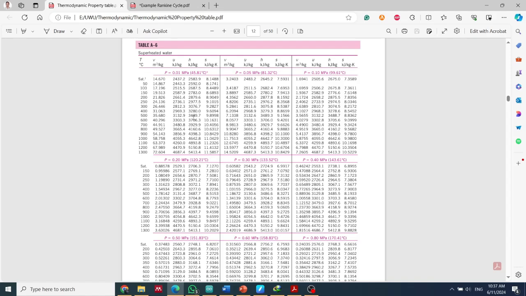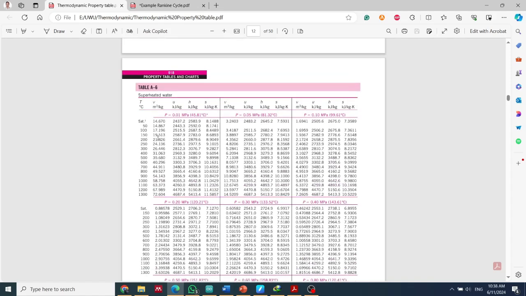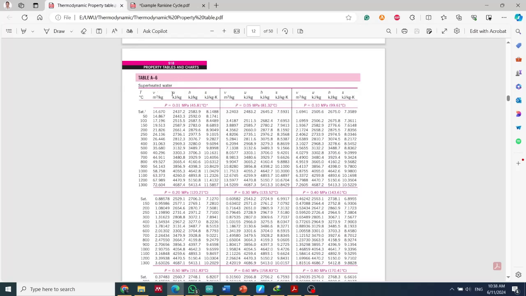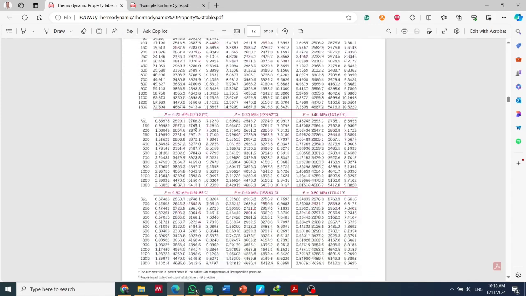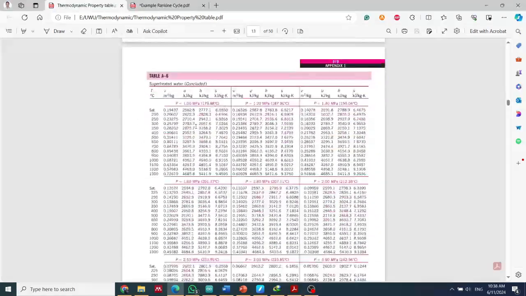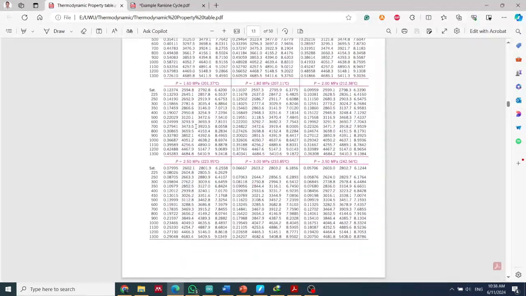Now if you look at the superheated table, you have the pressure here, and column-wise you have specific volume, internal energy, enthalpy and entropy. Now let's find the 3 megapascal pressure.